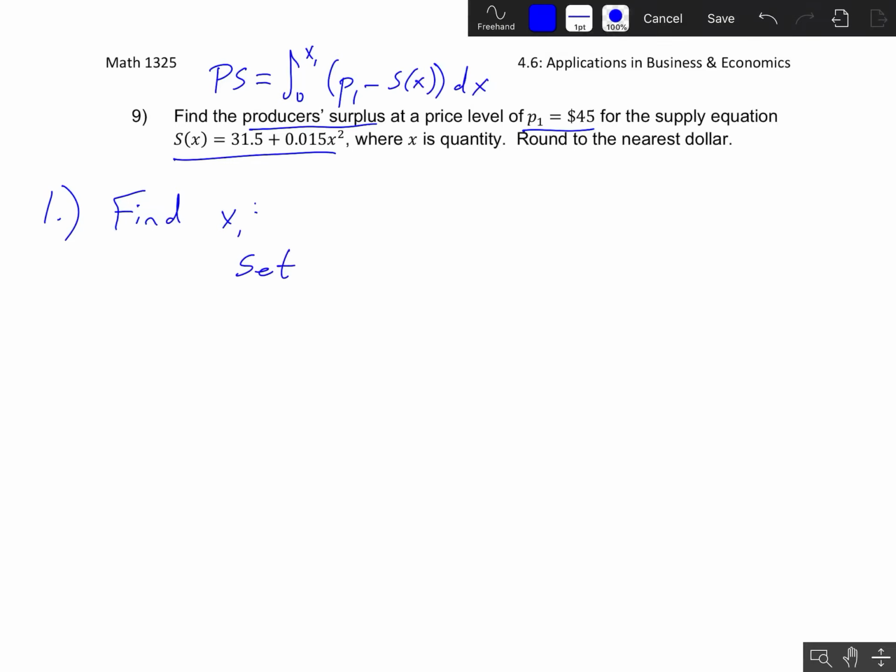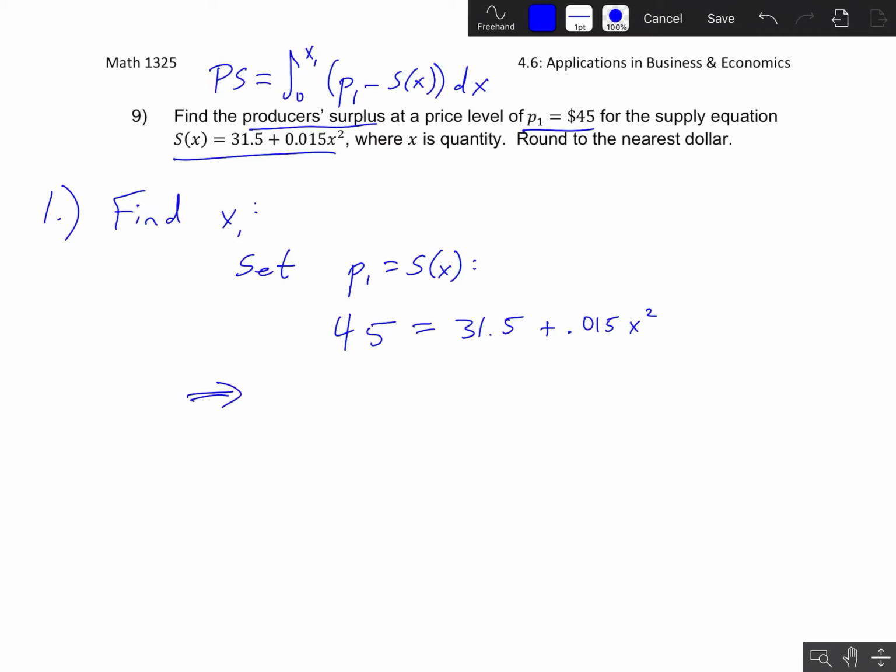And to do that, we will set P1 equal to S. So we'll just set these 2 things equal to each other. That will find the intersection point between them, which is at the equilibrium quantity. So we'll get 45 is equal to 31.5 plus 0.015x squared.